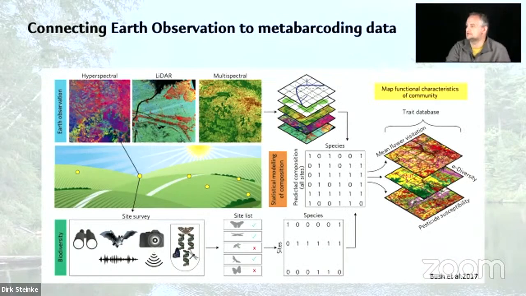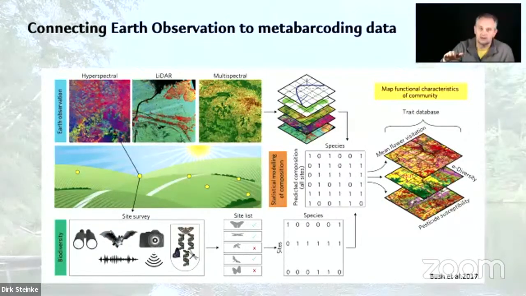One thing I usually like to point out in these kinds of talks is what you can do with the data and how far you can actually drive that. Yes, we come up with a species list, so eventually we can show what a community looks like at a particular point. But now imagine how much other data is out there. We get more and more of this Earth observation data, so satellite imagery, LiDAR.